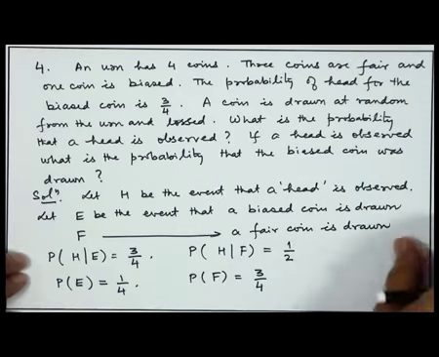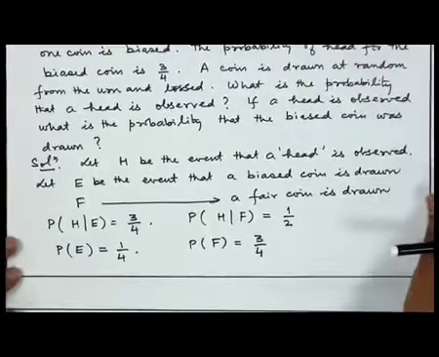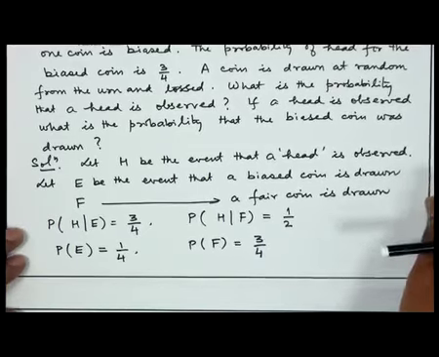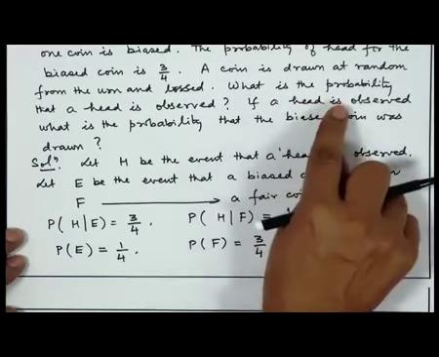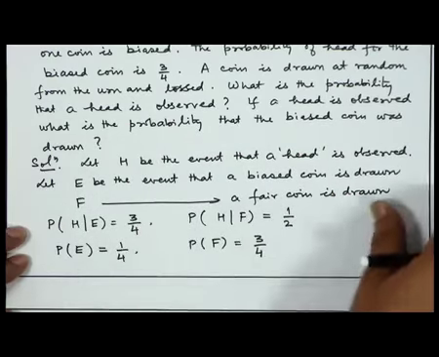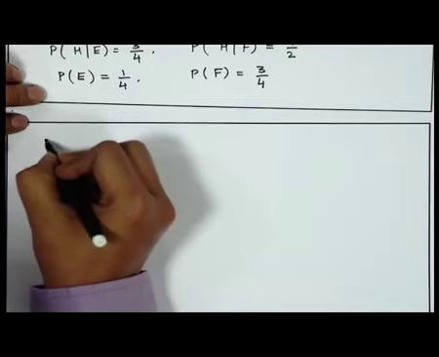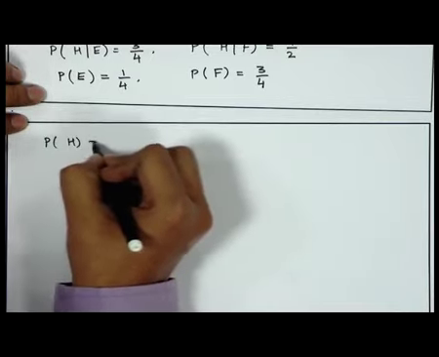So, we have evaluated basic probabilities which are related to this problem. Now, what is asked? We are asked what is the probability that a head is observed. Head is observed means probability of H. So, we want to find out the probability of H.